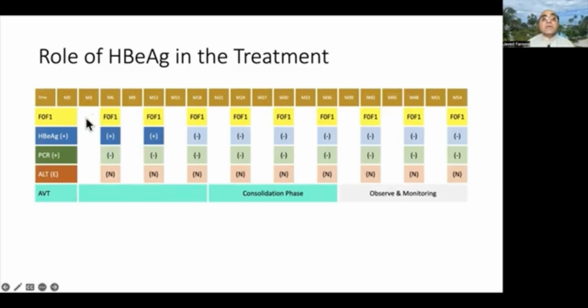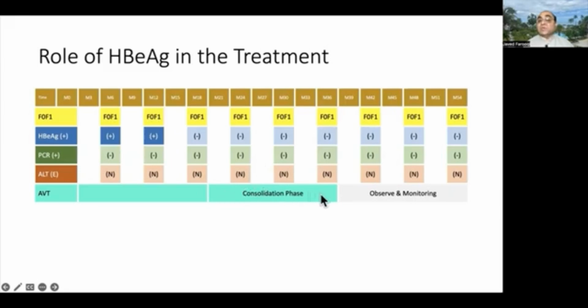For example, this is a patient who has F0 or F1, E antigen positive, and the PCR has become negative. You give the antiviral treatment, there is E antigen seroconversion, and of course the ALT is normal and the PCR is negative.